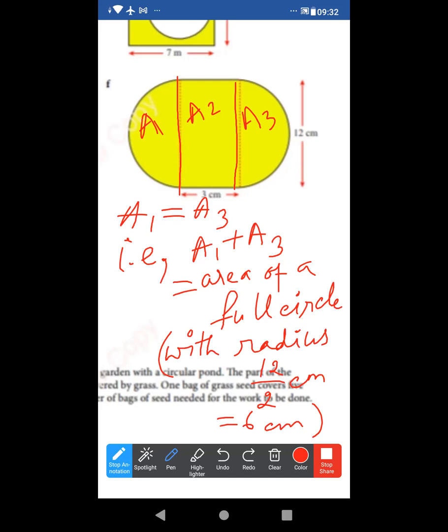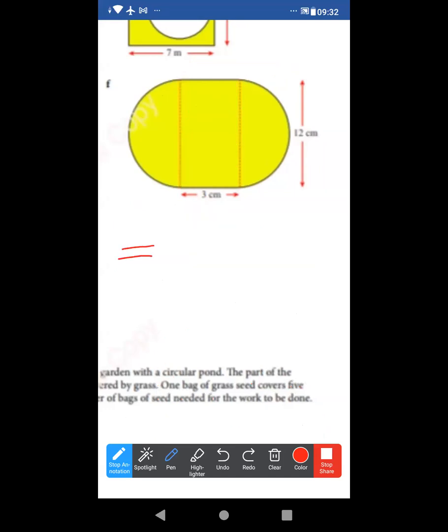Now what will be the area? We can easily find A1 plus A3. Write pi into 6 square, centimeter square. That means 3.14 into 36, equal to 3.14 into 36 centimeter square.